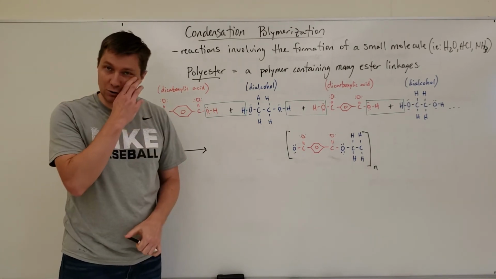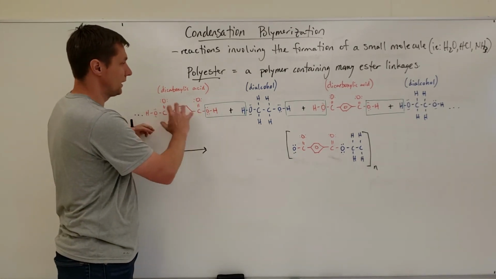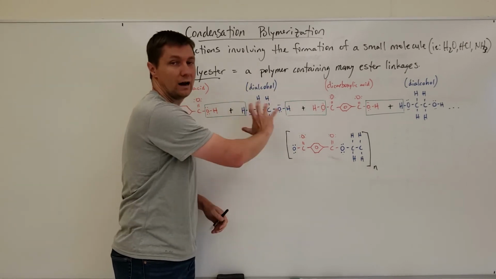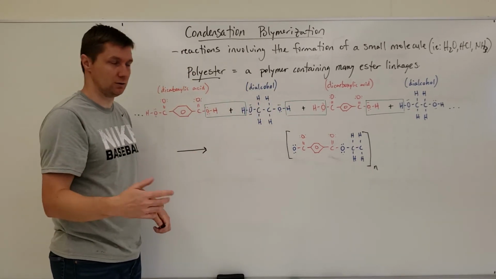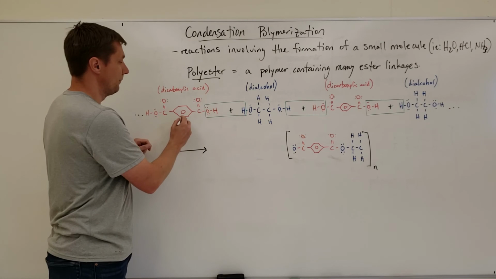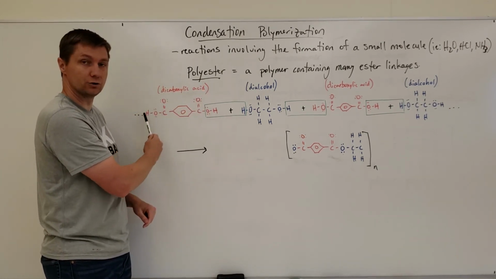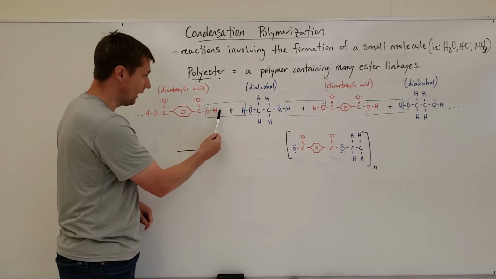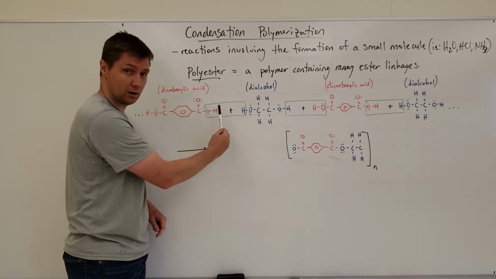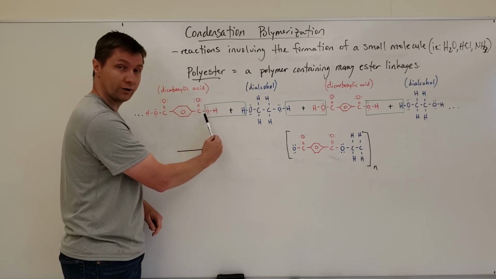Another type of question that you can see: in this case, we've got dicarboxylic acids reacting with dialcohols. Another type of polyester that you can see is you have a molecule here that has, say, a carboxylic acid functional group over here, and a hydroxyl or an alcohol functional group over here on this side.